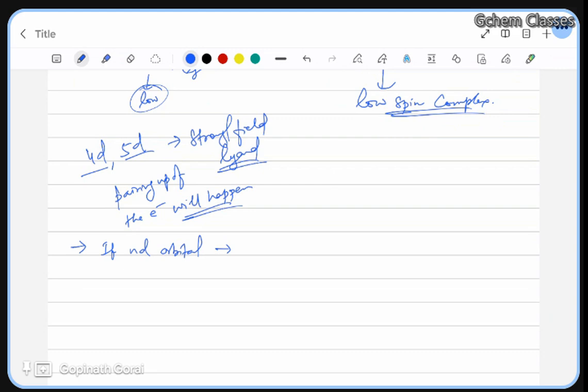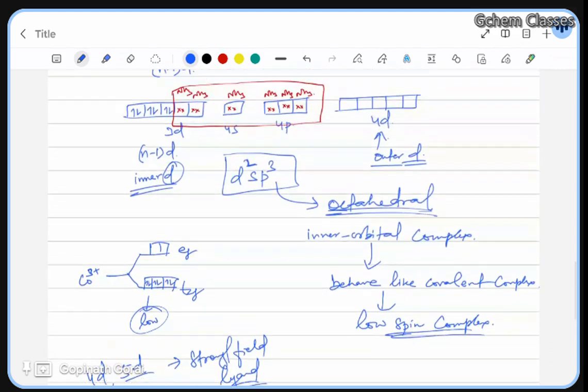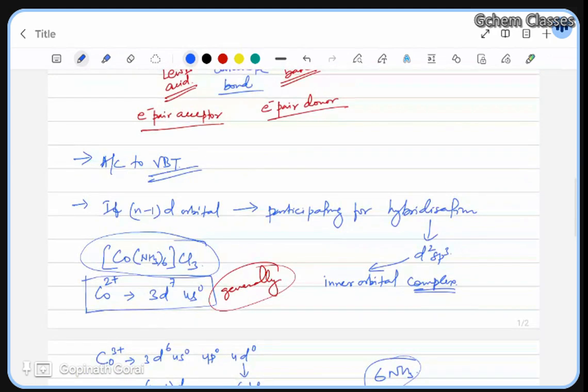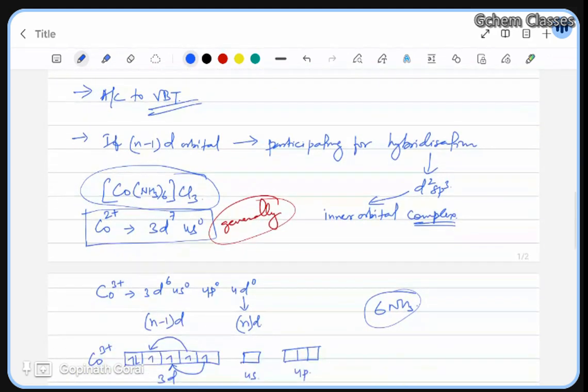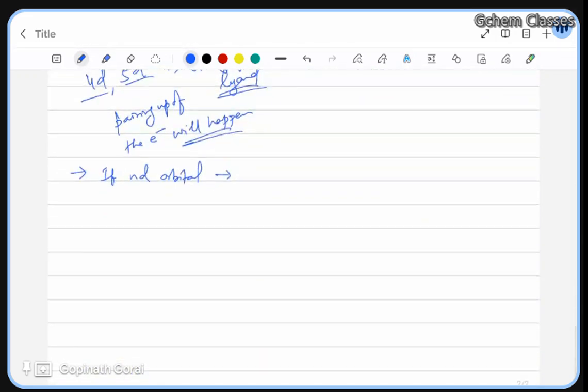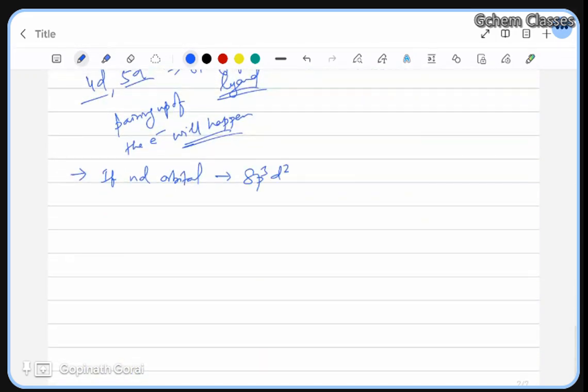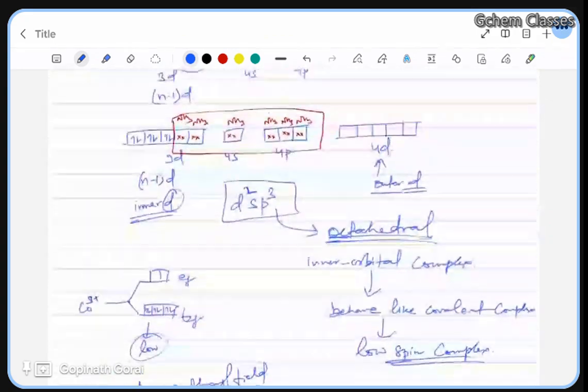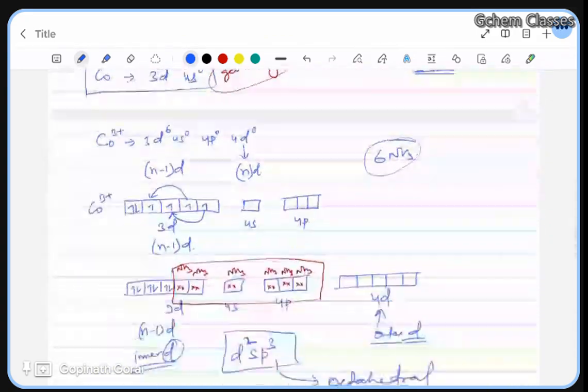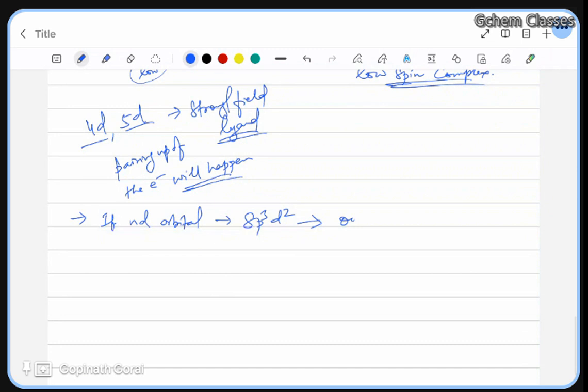Following the same flow, I will write it so it will be easy for you. The hybridization here is d2sp3, and here it will be sp3d2. If d2sp3, then I have written low spin, so here I'll write inner orbital, and here I will write outer orbital complex.